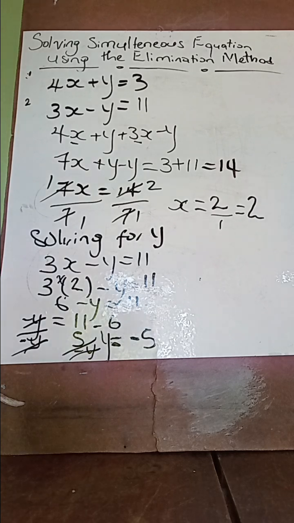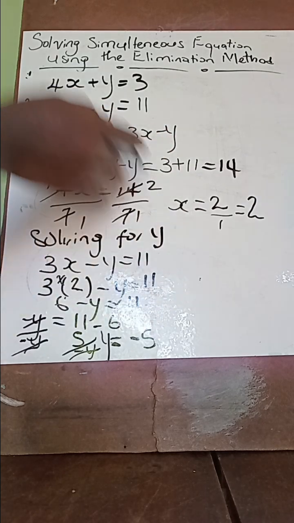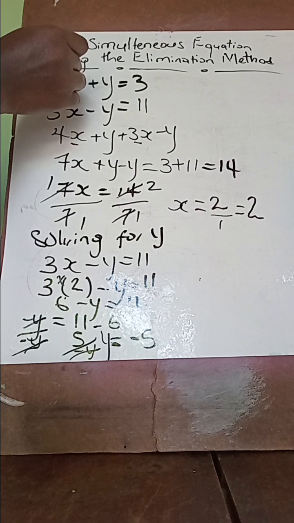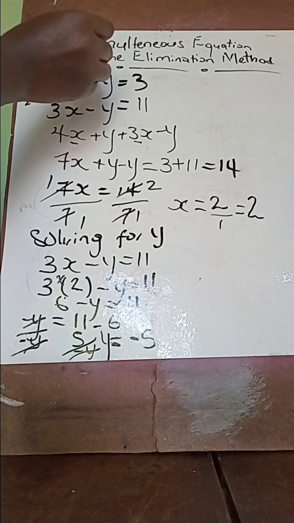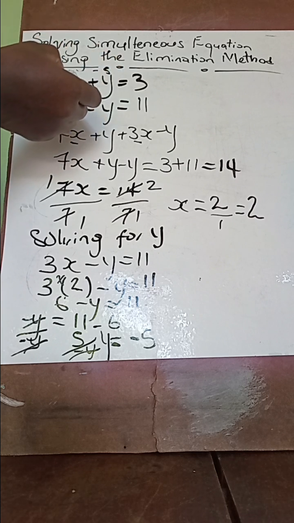So in this case, we can substitute to check if our answer is right. We're going to plug in what we have down here into the equation. So we know that x is equal to 2, right? And we know that y is negative 5. So here we have 4 times 2, which gives us 8.